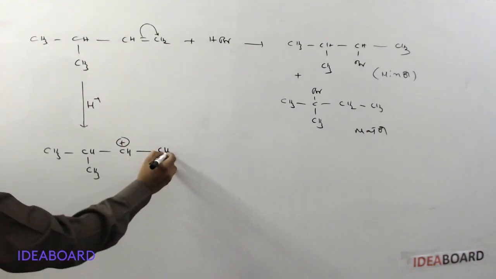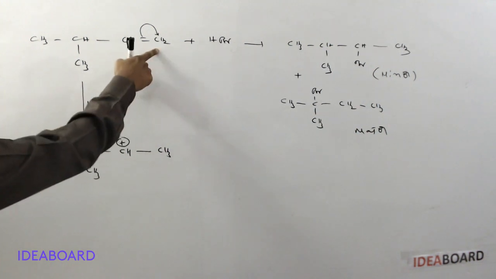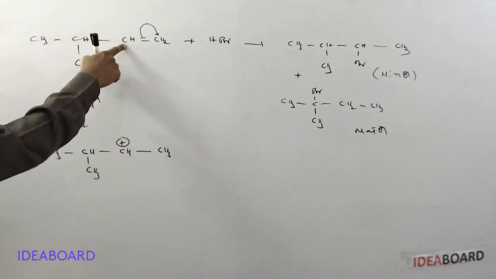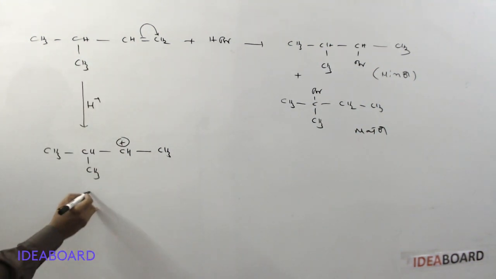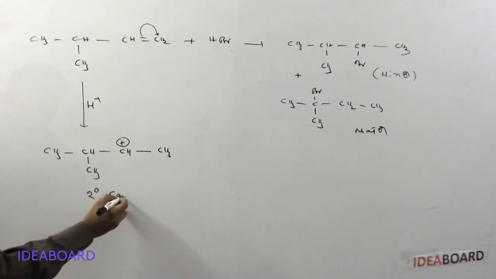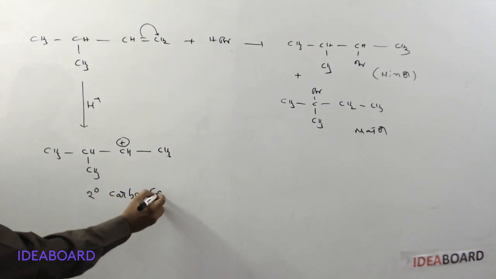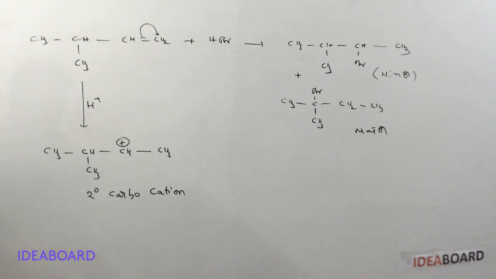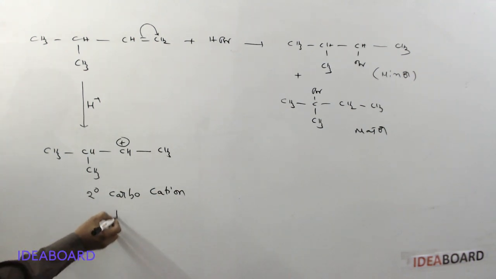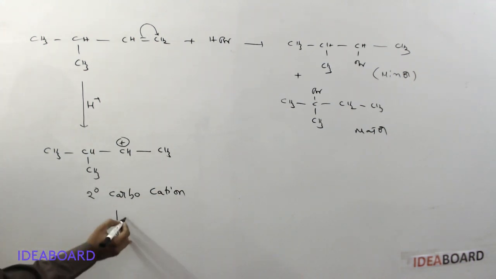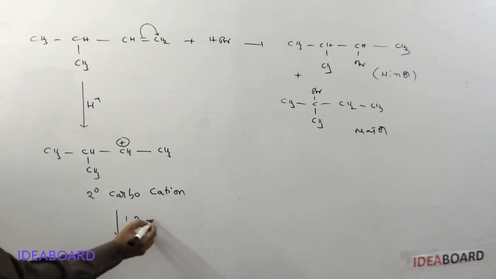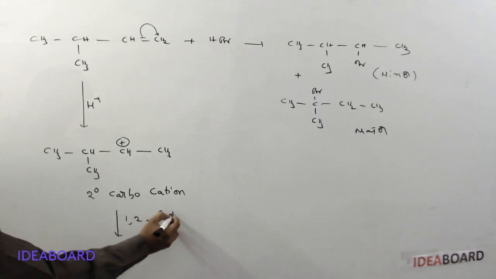One H plus is added here, so you will get CH plus. This is a secondary carbocation. This secondary carbocation will undergo a 1,2 hydride shift.